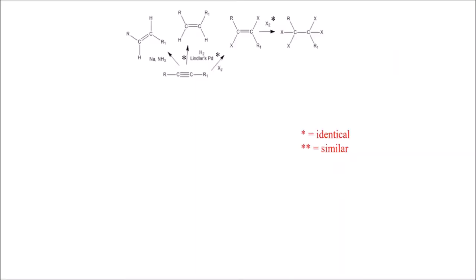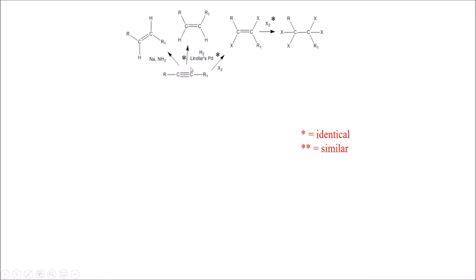Before we move on, let's stop for a minute and think about what it is that we've seen so far with alkyne chemistry. Here is the starting material alkyne. In the previous lesson, we looked at adding sodium metal and ammonia in a free radical reaction to convert that alkyne into a trans alkene.